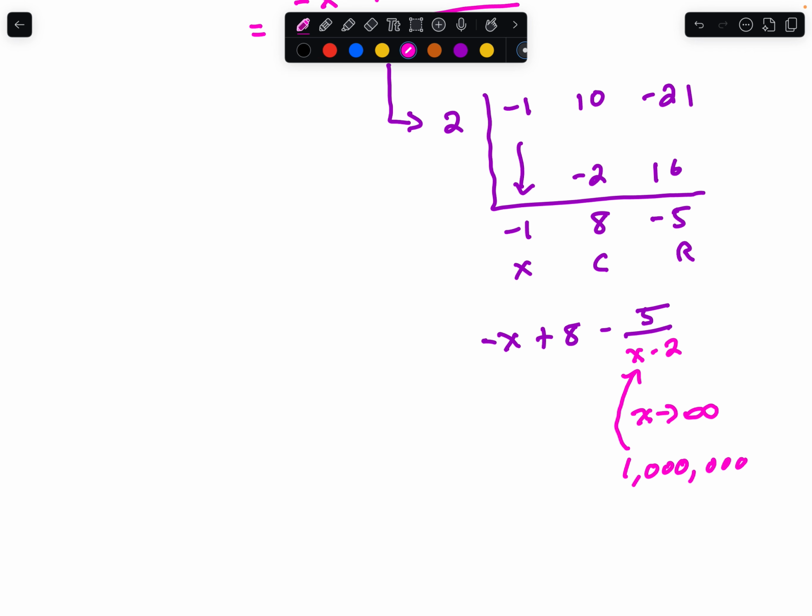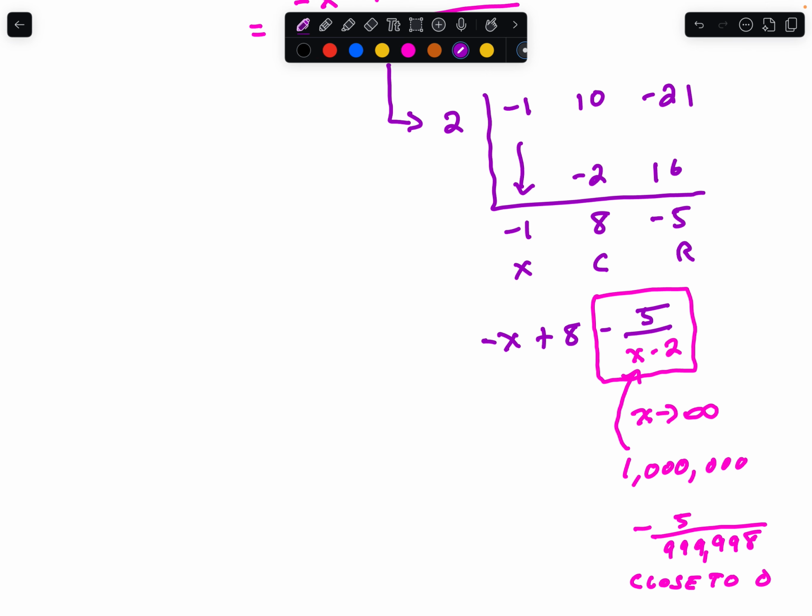This number becomes minus 5 over 999,998, for example. So really, this number is very close to 0. So what that means, as we get closer to infinity, this is really just like the number 0.